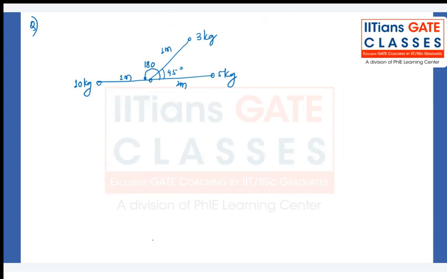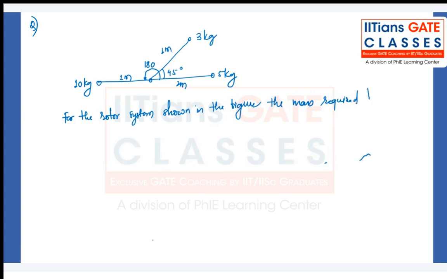So for a rotor system shown in the figure, the mass required for its complete balancing is, the question is.